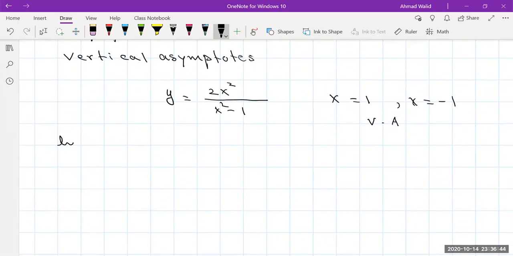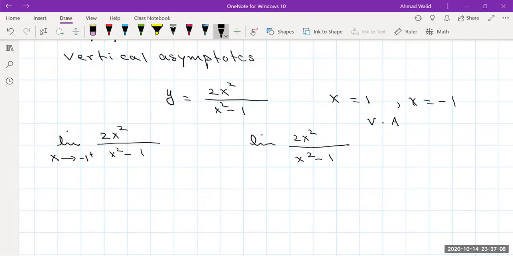It means find the limit of 2x squared over x squared minus 1 as x approaches -1 from the right, as x approaches -1 from the left.